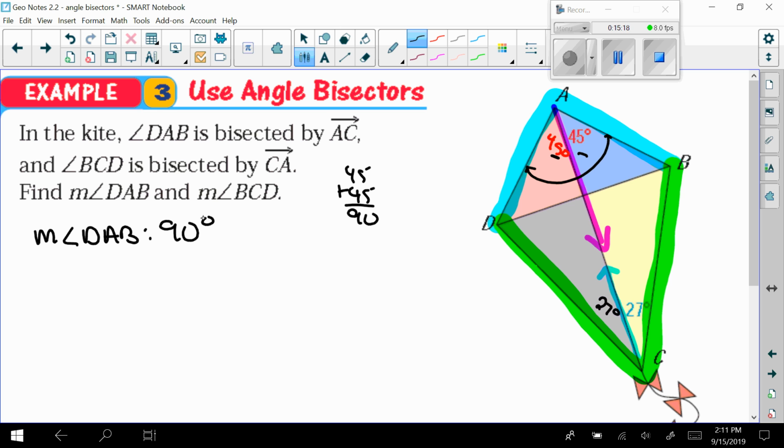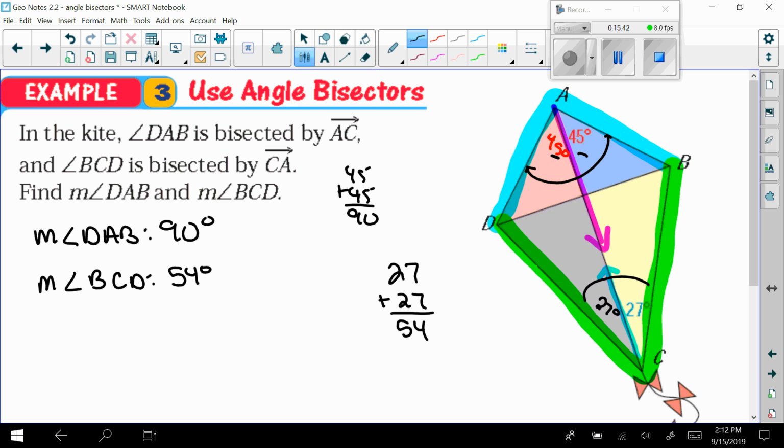So that's a 90-degree angle. And then it also wants us to find the measurement of angle BCD. BCD goes around this way. So we need to add those two numbers. So 27 plus 27. 27 plus 27 is 54. So that angle is 54 degrees.